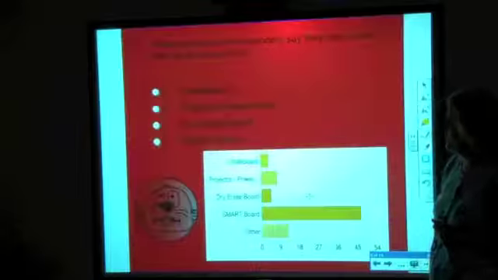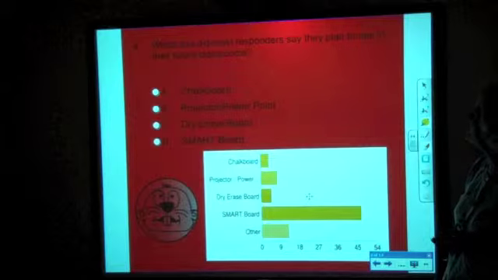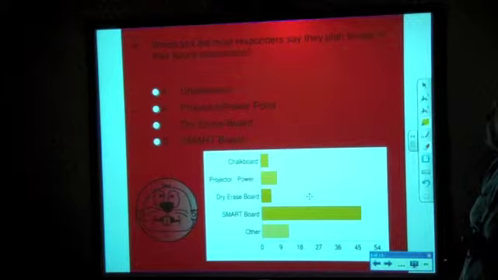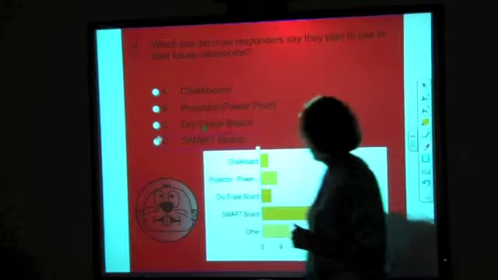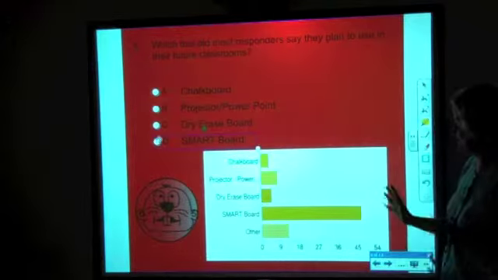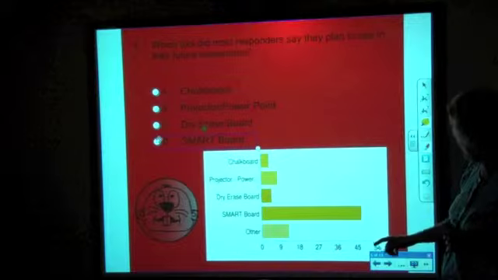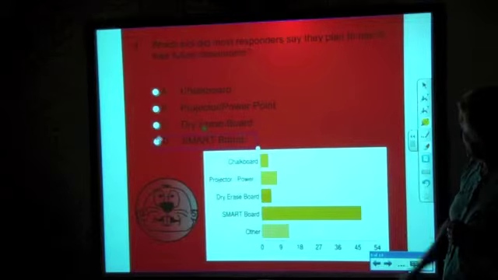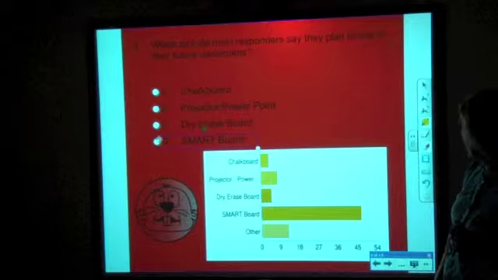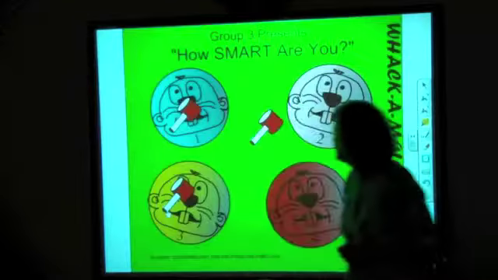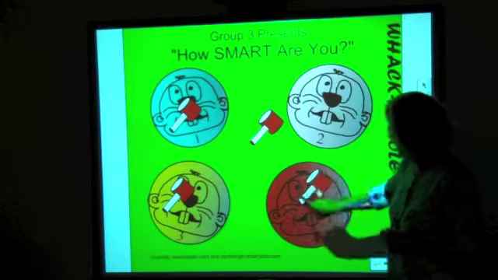And then number 4, which tool did most responders say they plan to use in their future classrooms? And no surprise, smartboard. Who wouldn't? It's, to me, the most fun tool of all of them. And of course, here's our dropped-in graphic from our Google Doc, and that takes you back to the test.